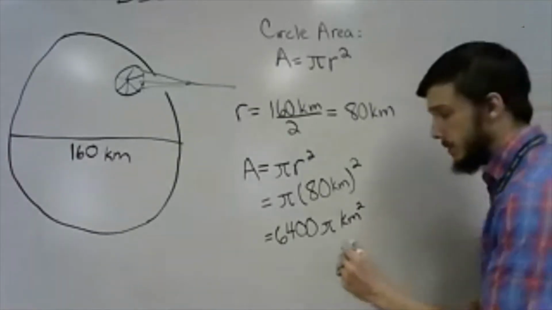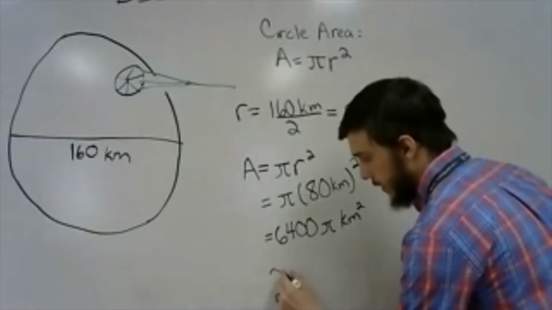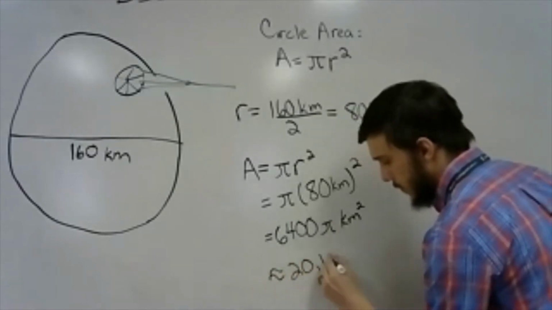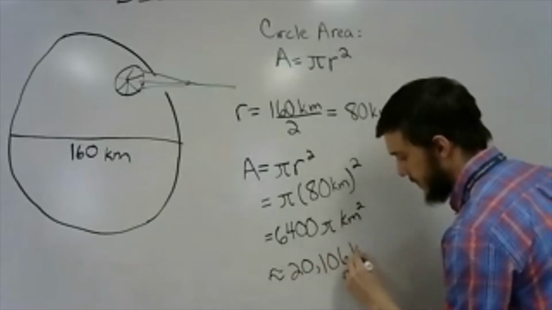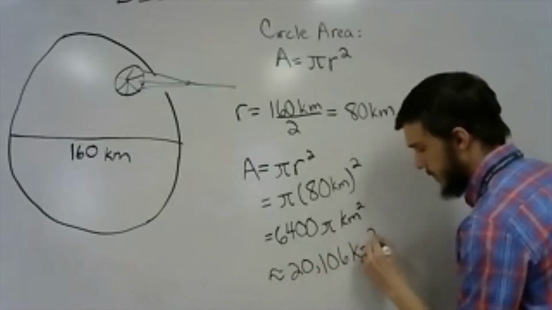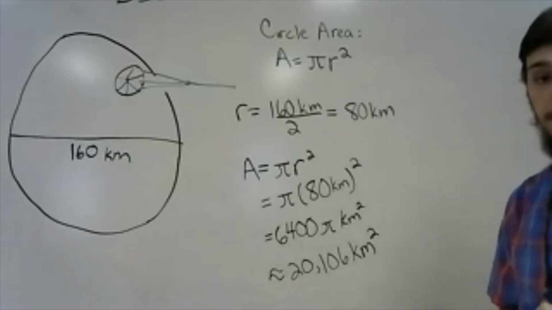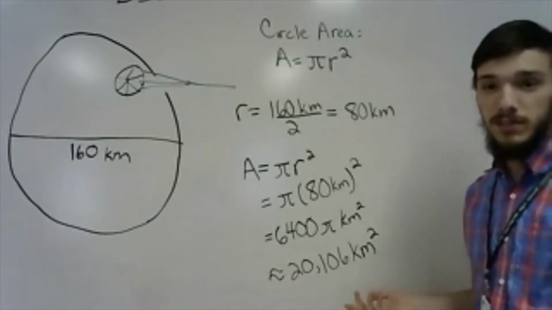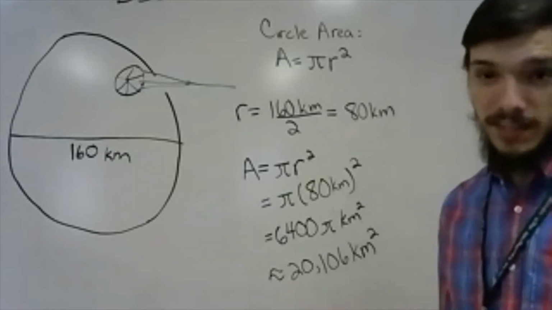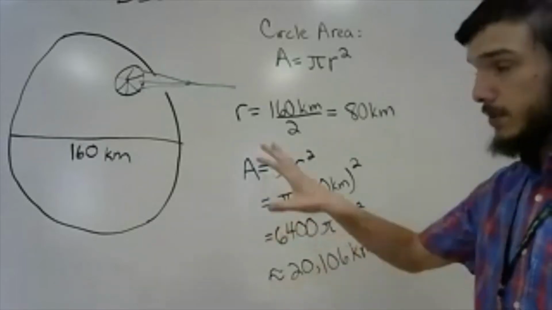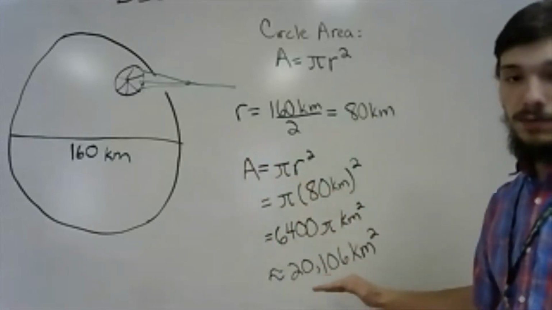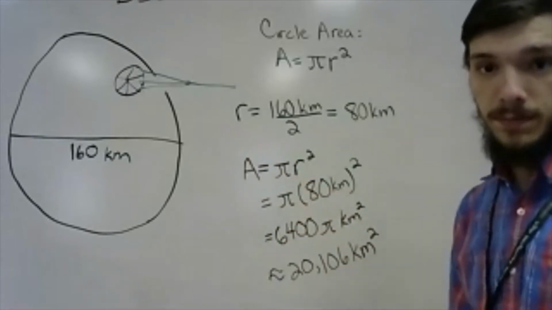Or when we approximate that, gives us about 20,106 square kilometers. So it's no wonder that Obi-Wan confused the Death Star for a moon. The area, if we were looking at it, of the Death Star is about 20,106 kilometers squared.